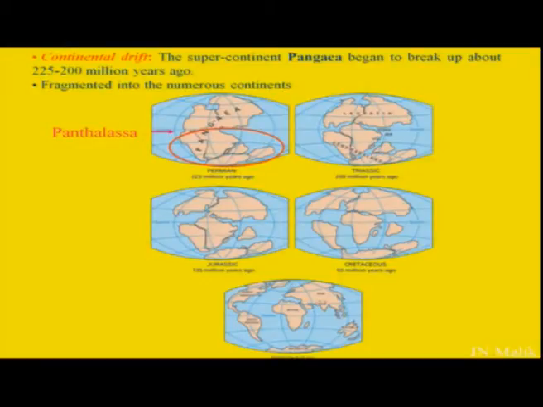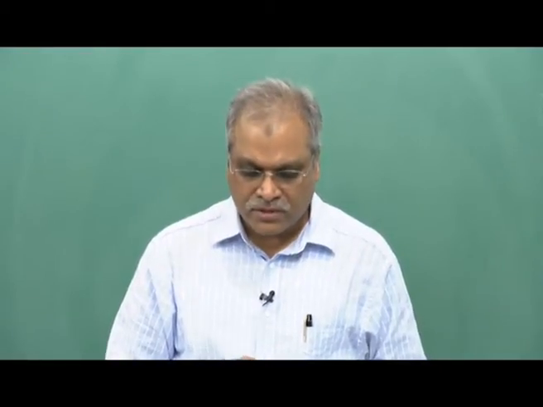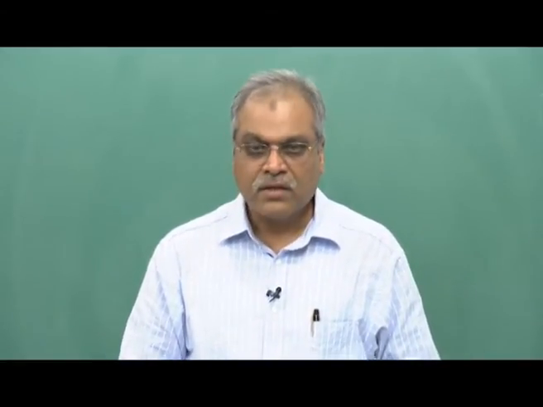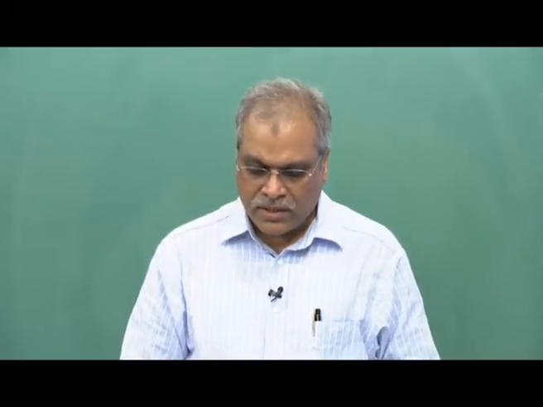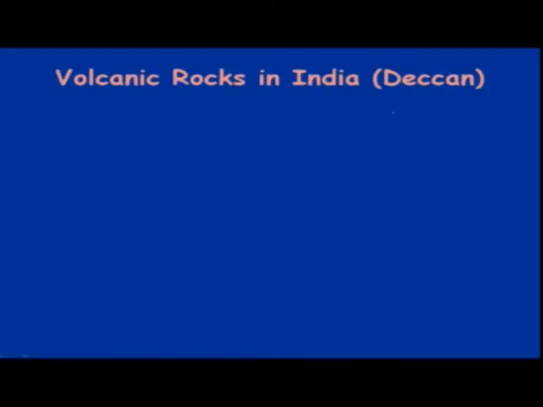So during this journey it probably came across the process of volcanic eruption, and that is one of the reasons why we have volcanic rocks in India. So let us look at why we have volcanic rocks in India, what we call the Deccan region.